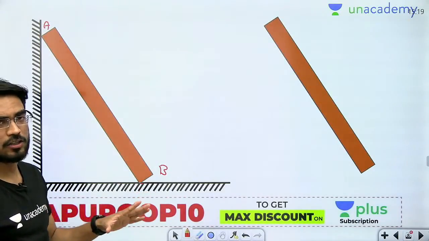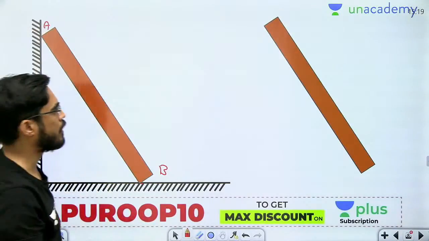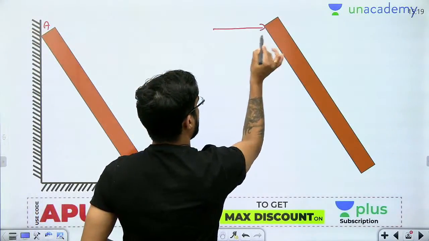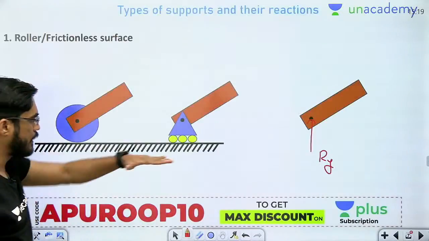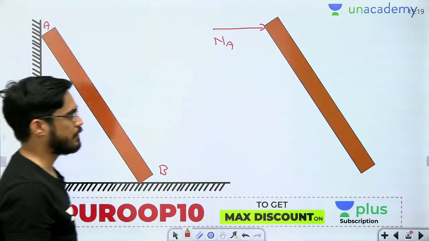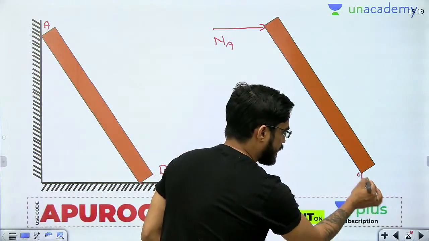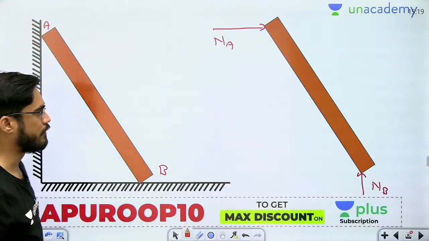So here also, there will be only one reaction normal to the surface. So there will be one reaction here, Na, normal to the surface. Here also you are getting reaction normal to the surface. यहाँ पे भी there will be one reaction normal to the surface, Nb. I hope it is clear to everyone.